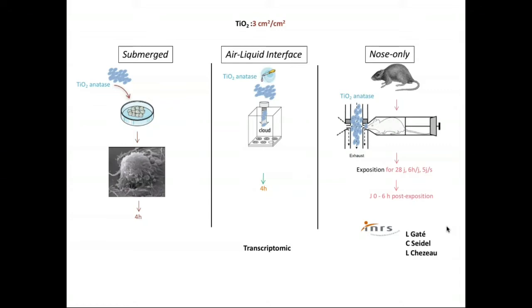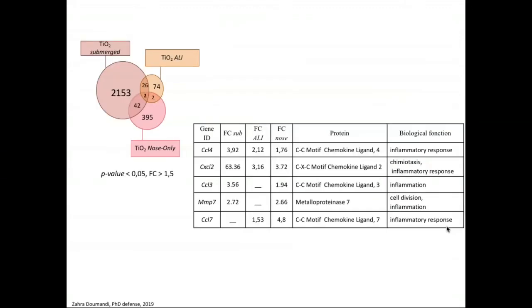In each case, we use a concentration of 3 cm2 per cm2 for the exposure, and we check the transcriptomic data. Again, we have a lot of pathways or genes activated, but we decided to restrict to a fold change of 1.5.